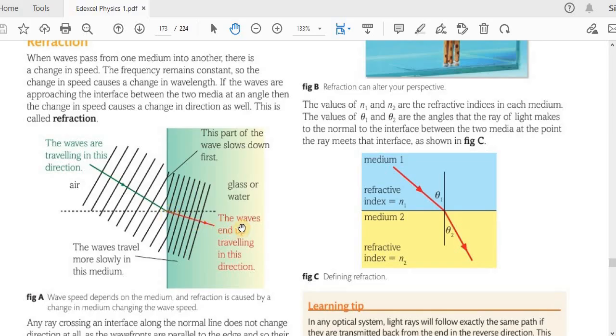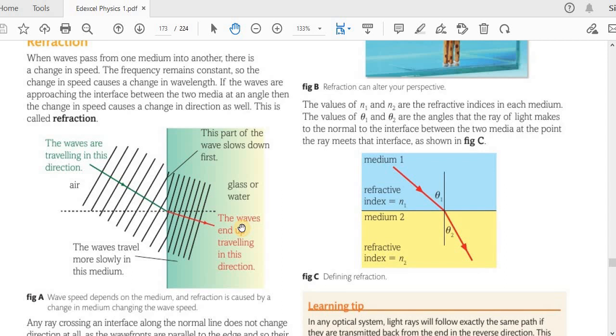The ray bends towards the normal if the waves go from a rarer medium, also called a less dense medium, to a denser medium, and as a result there is a decrease in the speed. The decrease in speed causes the ray to bend towards the normal.